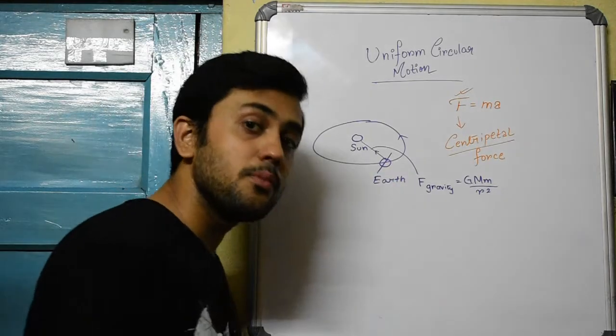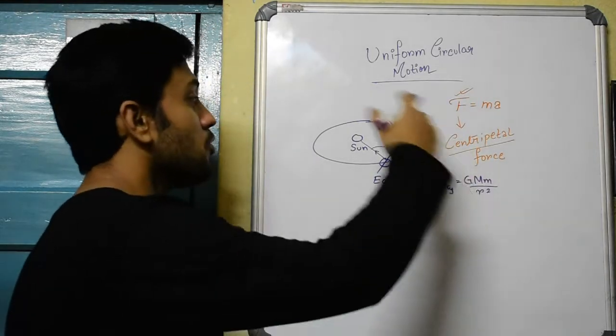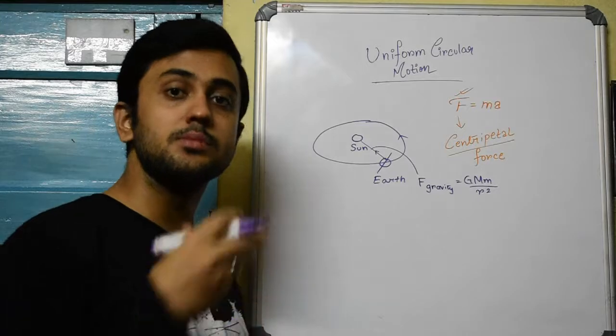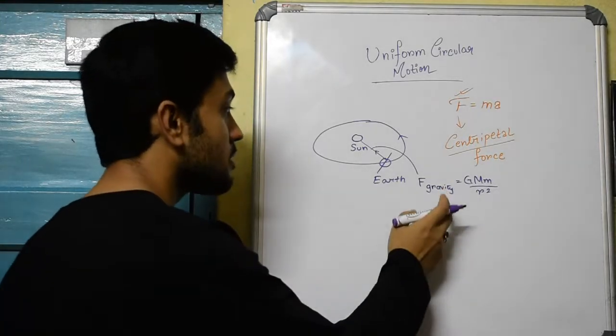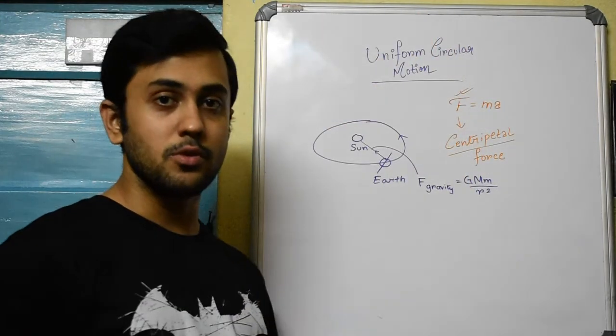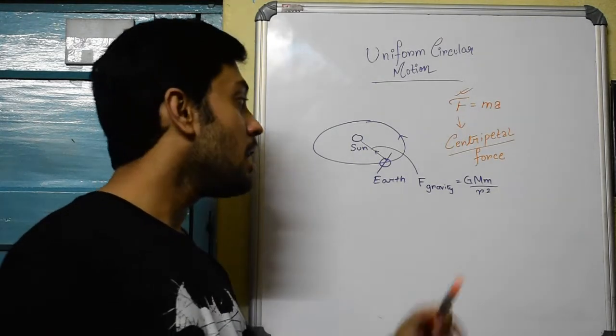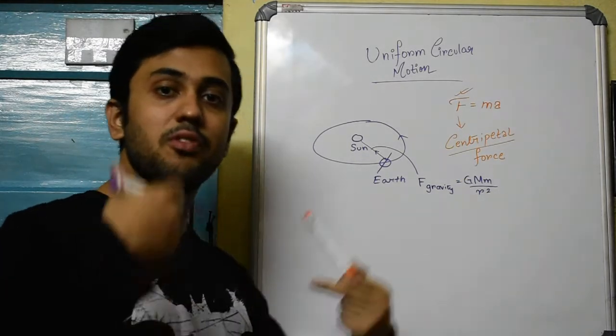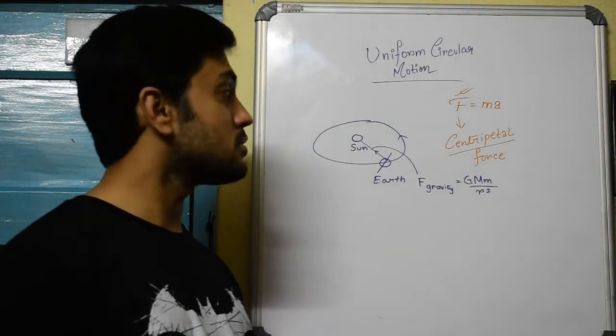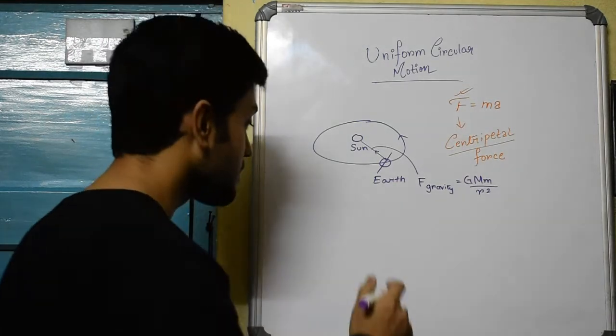So in the case of planetary motion, when earth is moving around the sun, or when the moon is moving around the earth, the gravitational force acts as the centripetal force. Centripetal force is not a new kind of force. Other forces manifest themselves as centripetal force based on the situation.